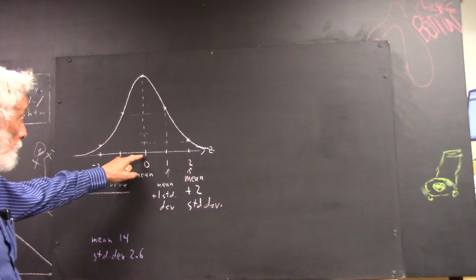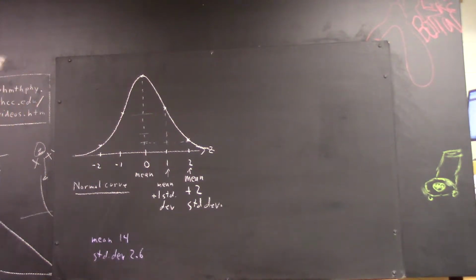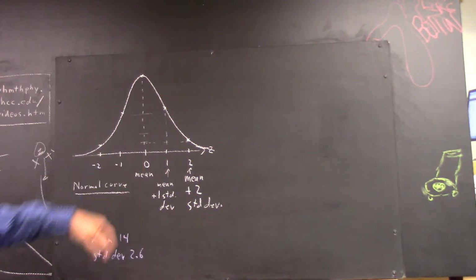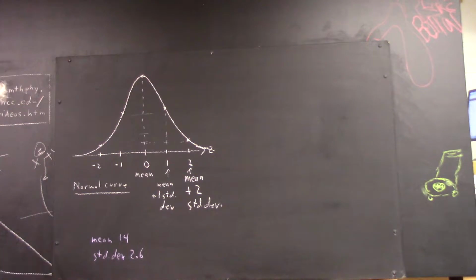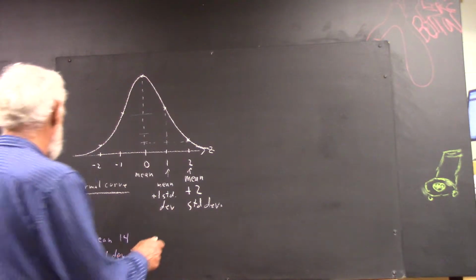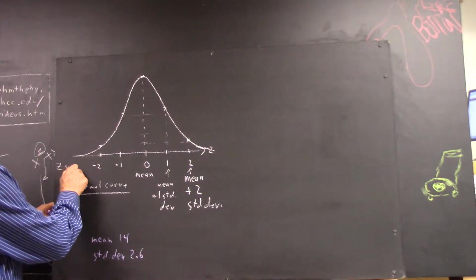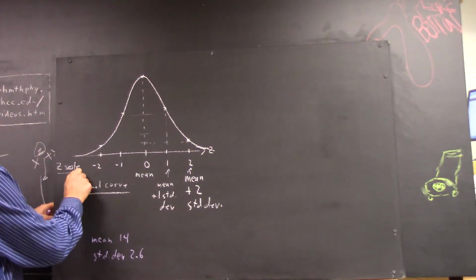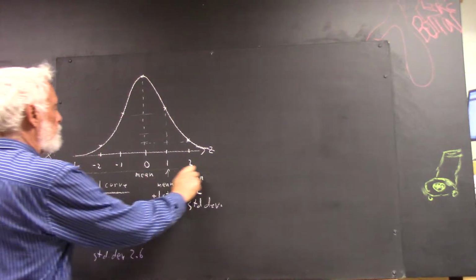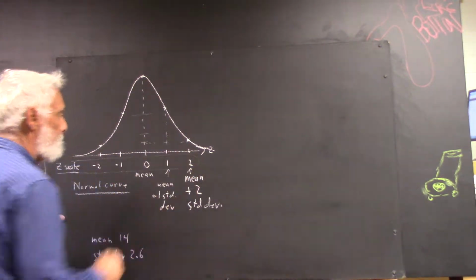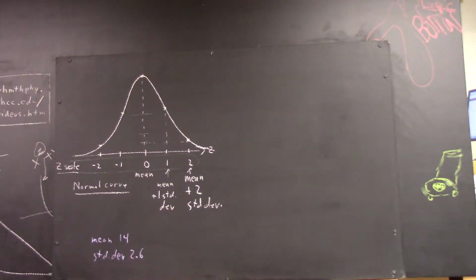What number goes here? Oh, well, 14, because this is the mean, right? Yeah. Okay, so, now this is the z-scale here. And that's not written very well, but these numbers are your z-scale, right? Yeah. Okay.